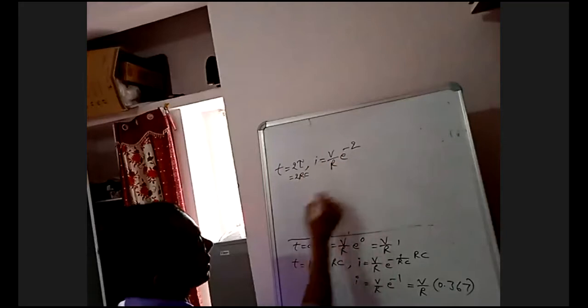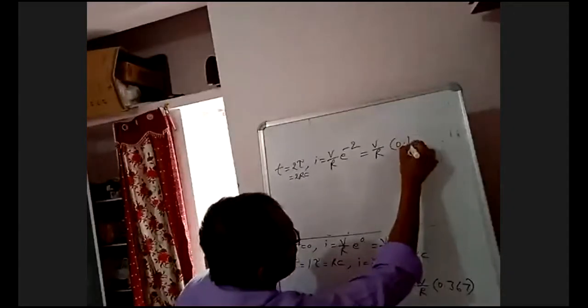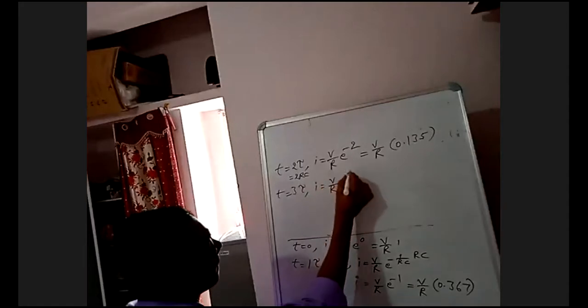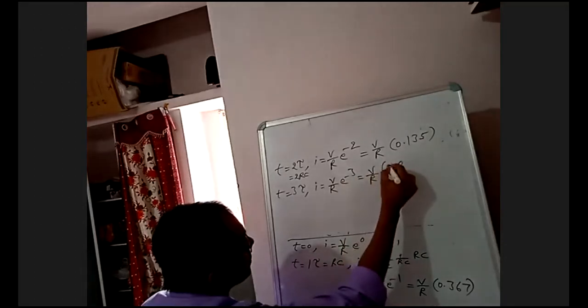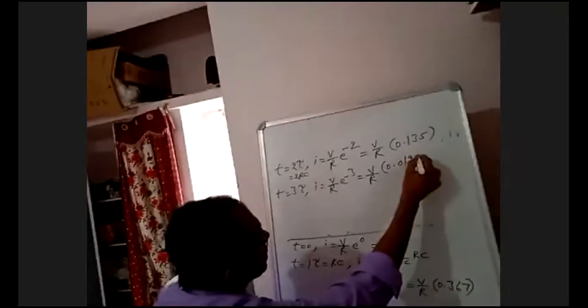What is the value? 0.135. Now take t is equal to 3 time constants: 0.0497.